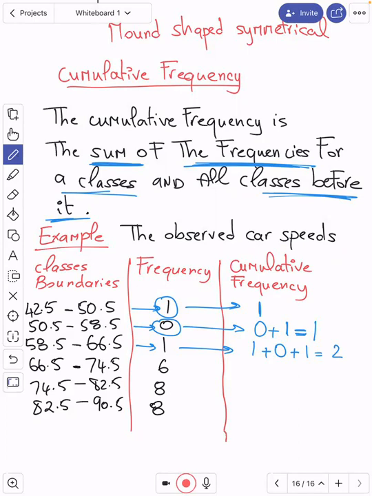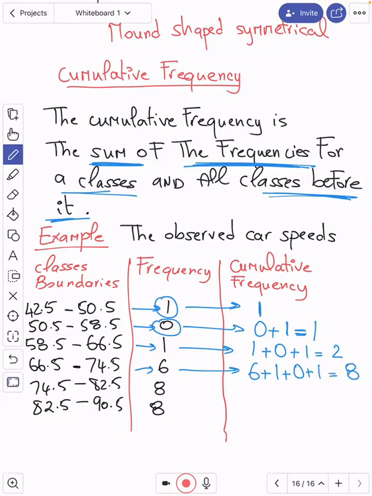All right. Now for the fourth class, its frequency is 6 plus the frequencies of the classes before it. Before the fourth class we had the third class, its frequency is 1, plus the frequency of the second class, which is 0, plus the frequency of the first class, which is 1. So the cumulative frequency is 8.